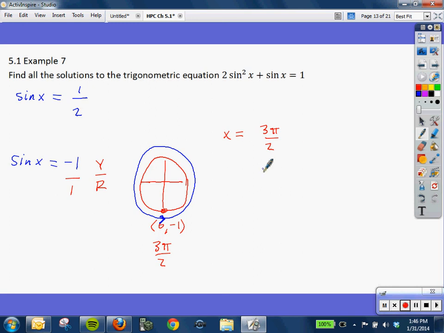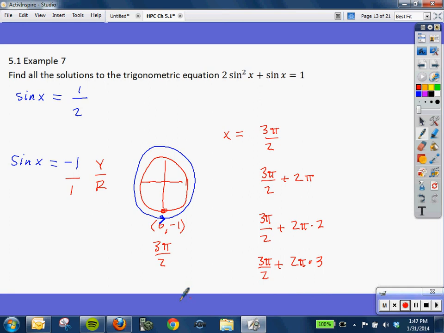So if I take my 3 pi over 2 and add 2 pi onto it, that would give me another solution. I could continually add 2 pi forever. I'm going to add 2 pi twice, so 2 pi times 2, and then 2 pi times 3.